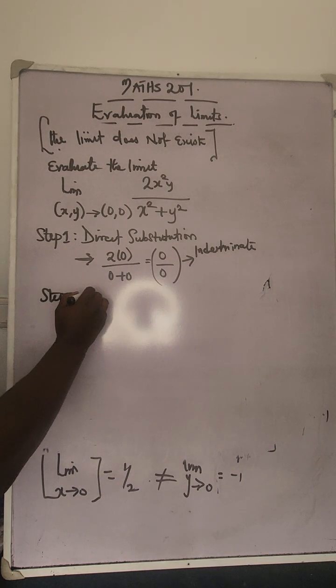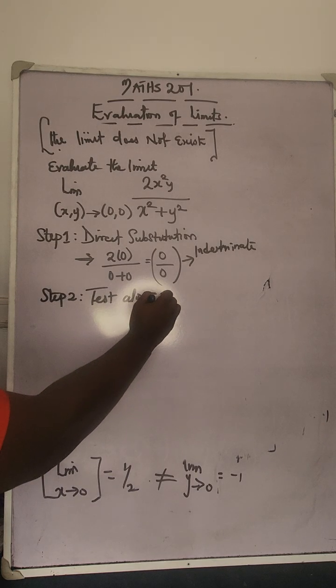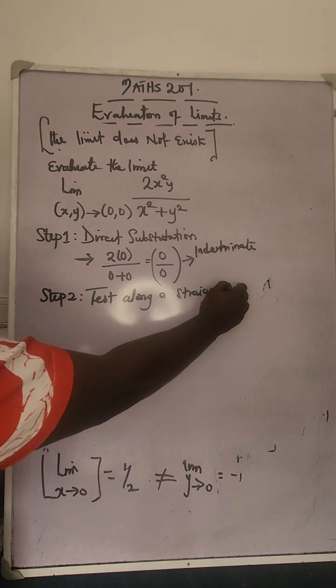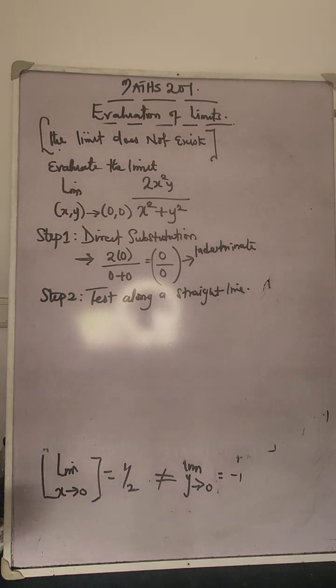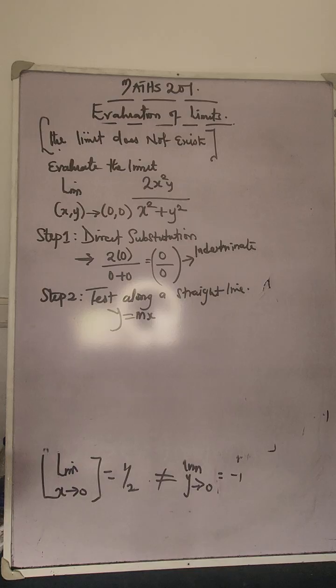Step 2, test along a straight line. And so when you test along a straight line, you have y equal to mx. So let us test along a straight line.